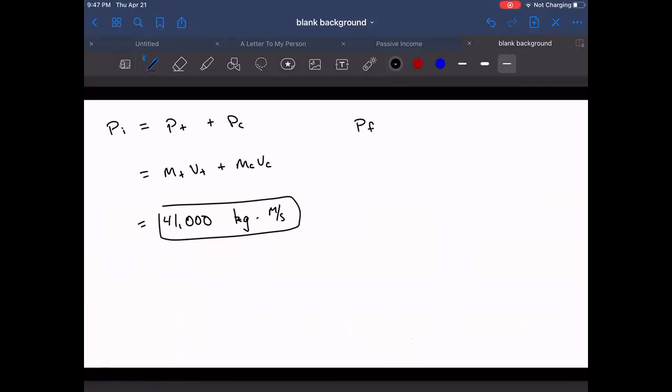What's the final momentum of the system? Well, it's the final momentum of the truck, the prime is the final, plus the final momentum of the car. Since the mass doesn't change, it's just MT times VT prime, the final velocity. Mass of the car doesn't change, final velocity. Of course, this just comes from the proper subscripts.